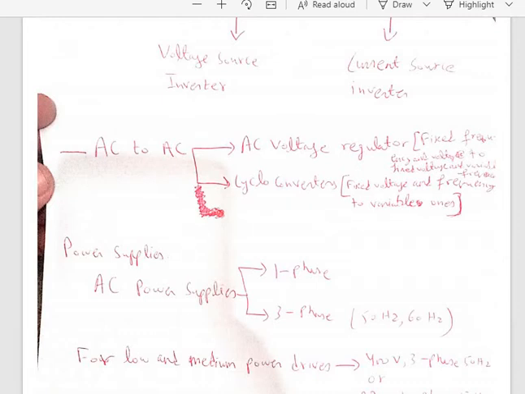Now, inside the power supply, we have AC power supply, and in AC power supply, you know that we have single phase power supply and three phase power supply. Currently, if you go and see various items available in the market which run on AC power supply, you probably would see 50 hertz or 60 hertz, or on some items you will see 50 hertz slash 60 hertz.